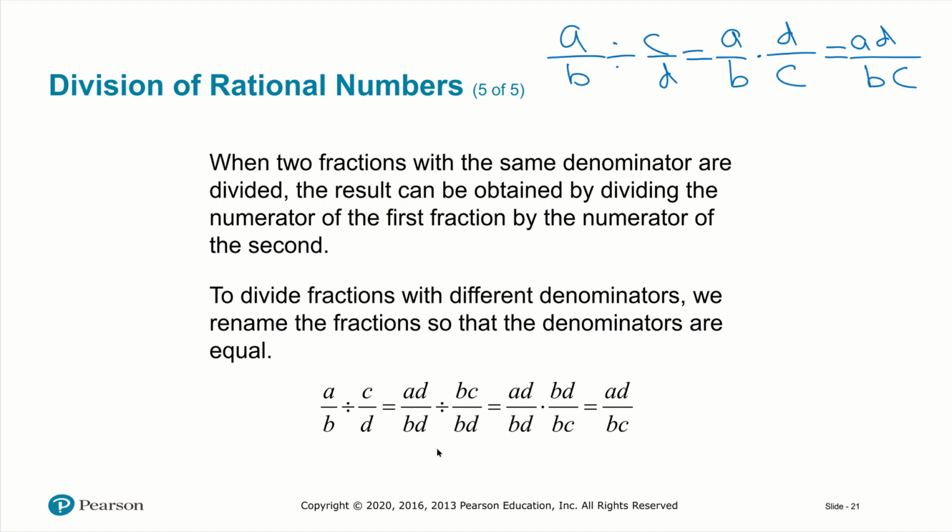One way to see why that turns out that way, look at it like this. Imagine we write A over B divided by C over D in this manner as a complex fraction, right?